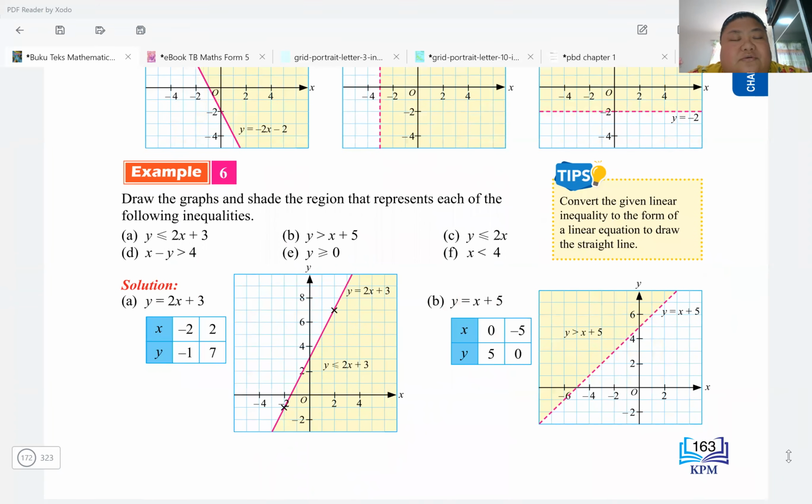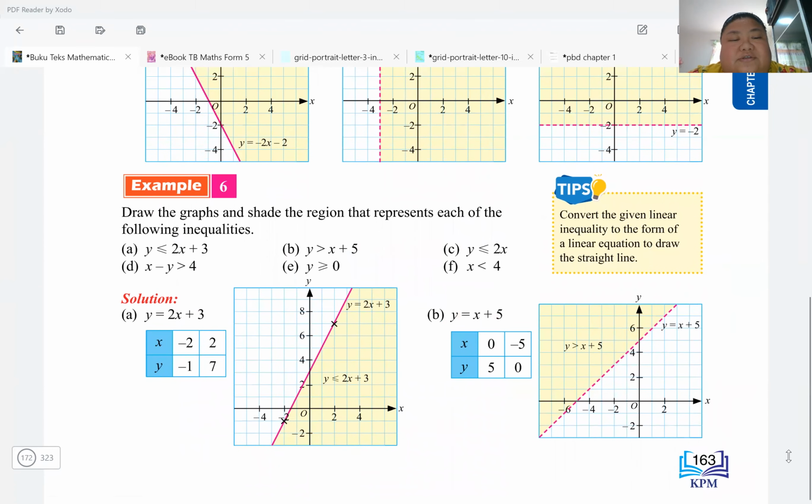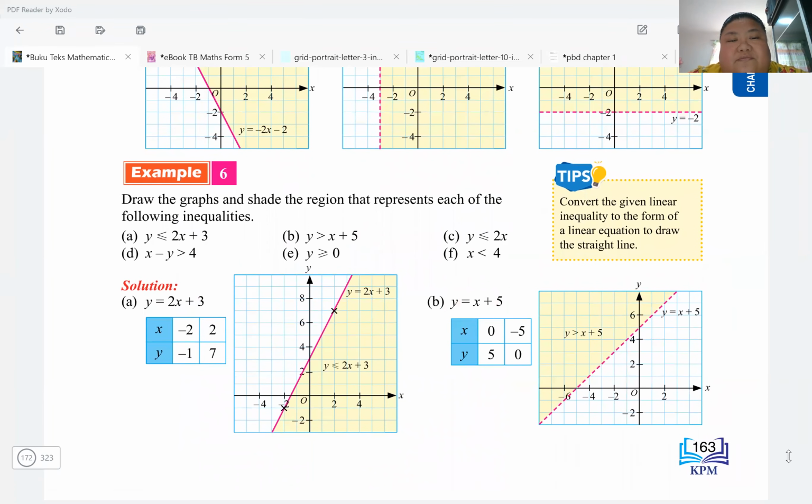So example 6, you can also read by your own.